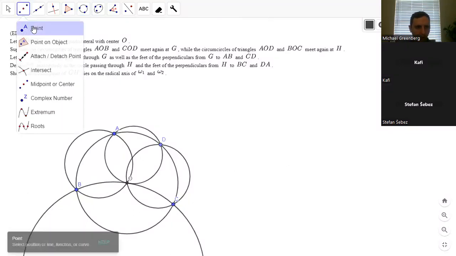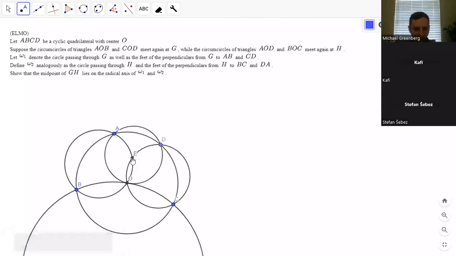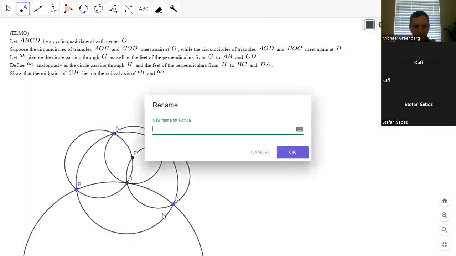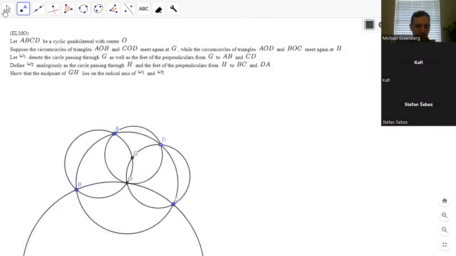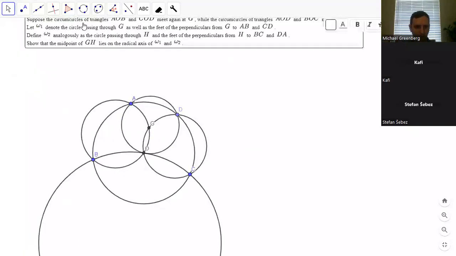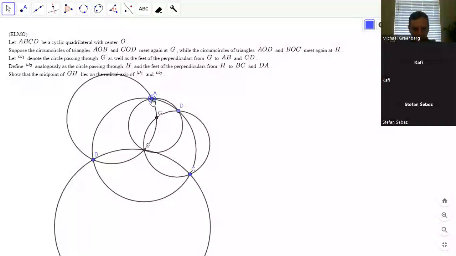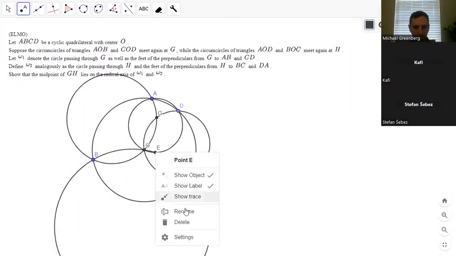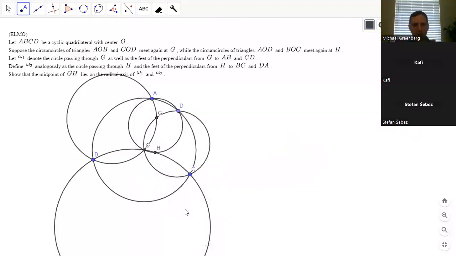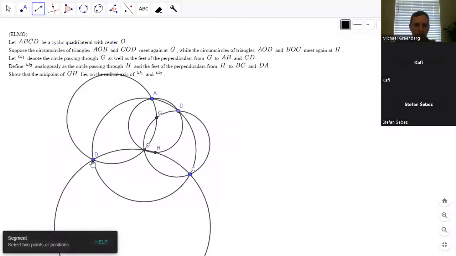Okay, so this is G, and it's H. So then we draw the circle passing through G and the feet of the perpendiculars from G to AB and CD. Oh, that's interesting.